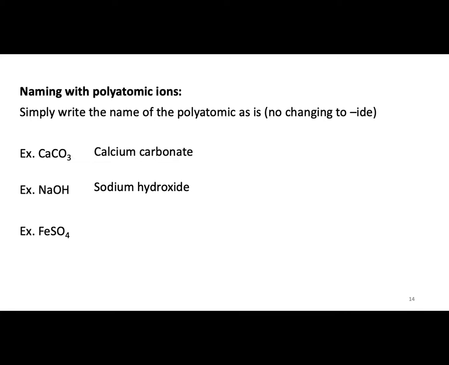I actually made a mistake here. Can you see it? Iron is multivalent, so it says iron sulfate, it should say iron 2 sulfate. Yes, that's true. I just looked it up. There should be a 2 there. Sorry about that.